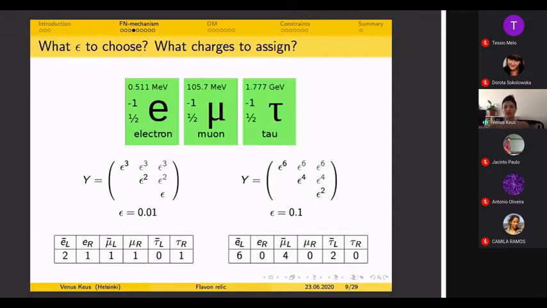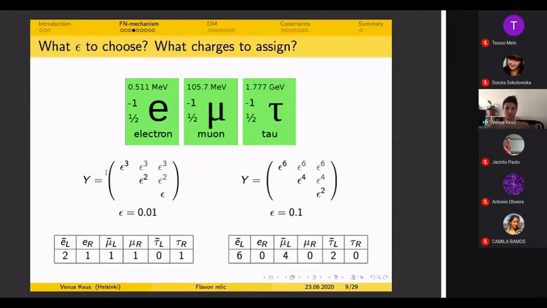Let me give you an example so that it's a little bit clearer. As I mentioned in the beginning, we want to focus on a flavon that is responsible for explaining the charged lepton mass hierarchy. In the charged lepton sector, we have the electron, whose mass is about half an MeV, the muon, whose mass is a good 100 times more, 2 orders of magnitude larger than the electron mass, and then the tau, which is again 1 order of magnitude larger than the muon mass.